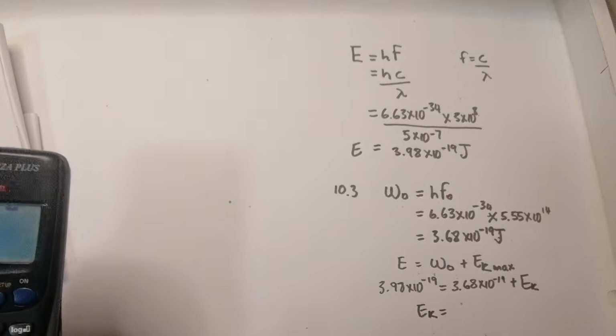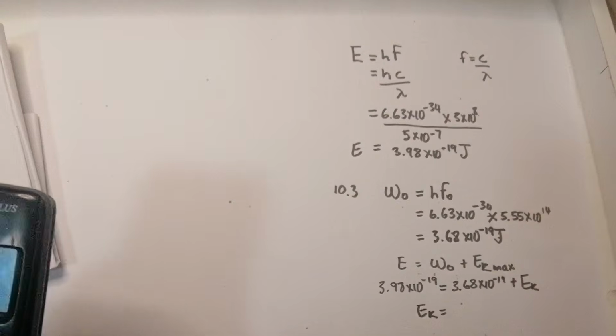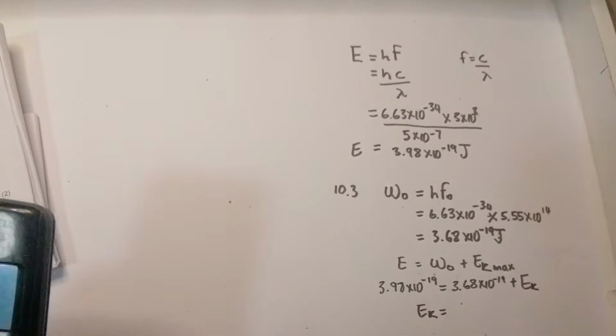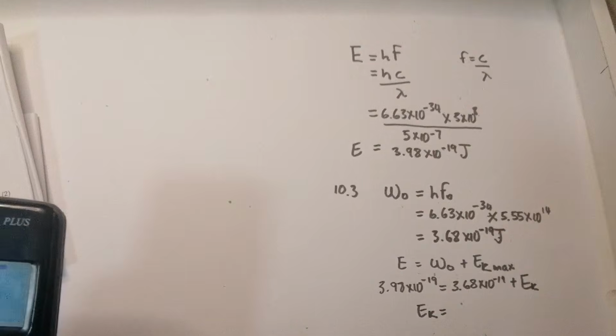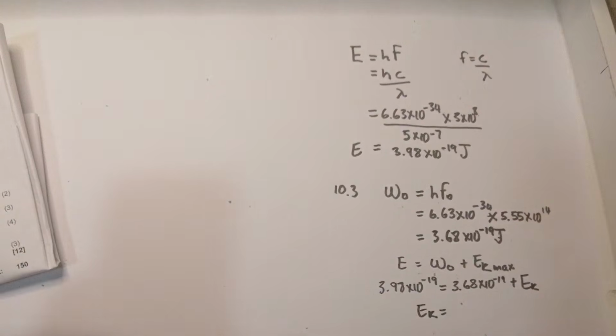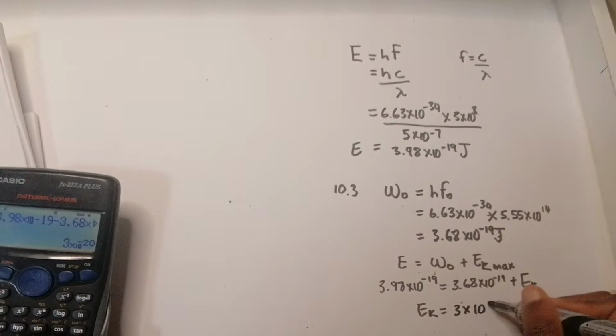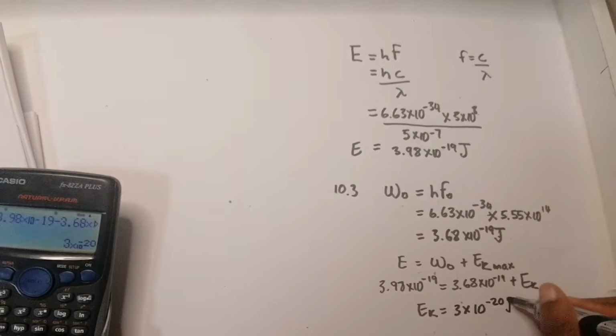So that's 3.98, and when we take that to the other side, we'll subtract that. So that's 3.68 times 10 to the minus 19, and I get a value which is 3 times 10 to the minus 20 joules.